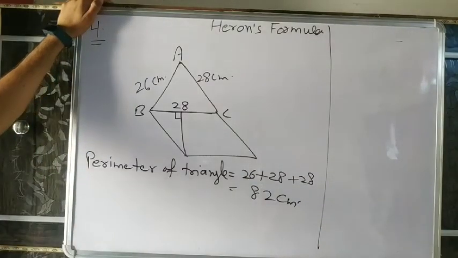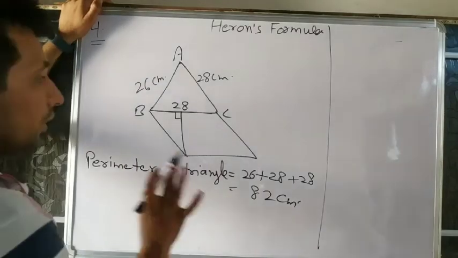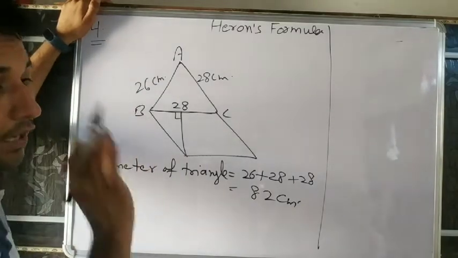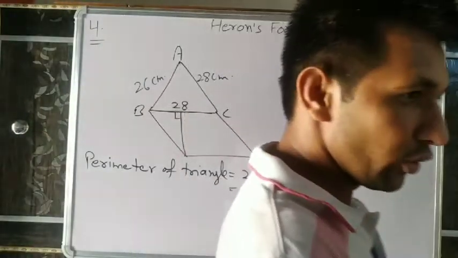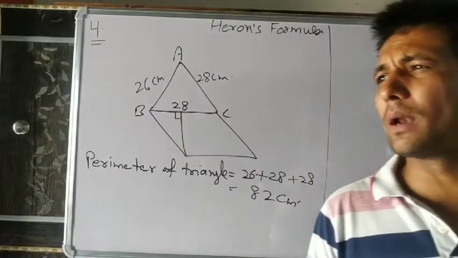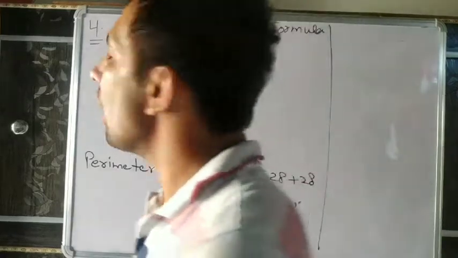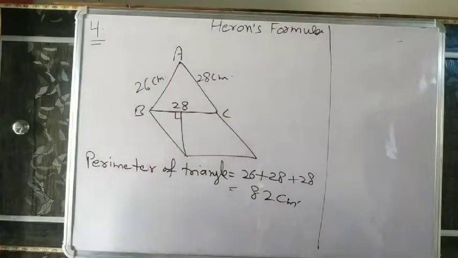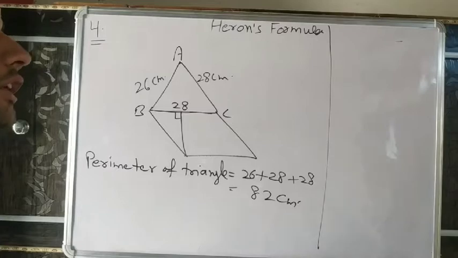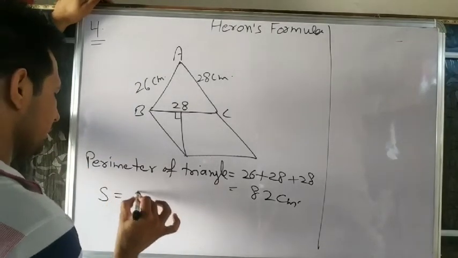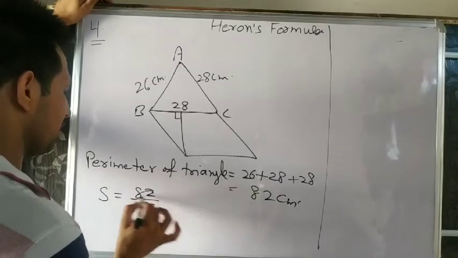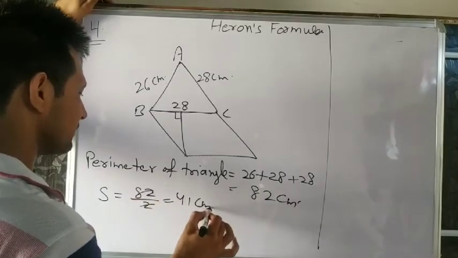Understand? Next, if we want to find the area of a triangle, we have two formulas. Area of a triangle by Hero's formula, or second, 1 by 2 base into height. Base is given but height we don't know. This means we will use Hero's formula. In Hero's formula we need S. S is the semi-perimeter. How much? 41 centimeter.